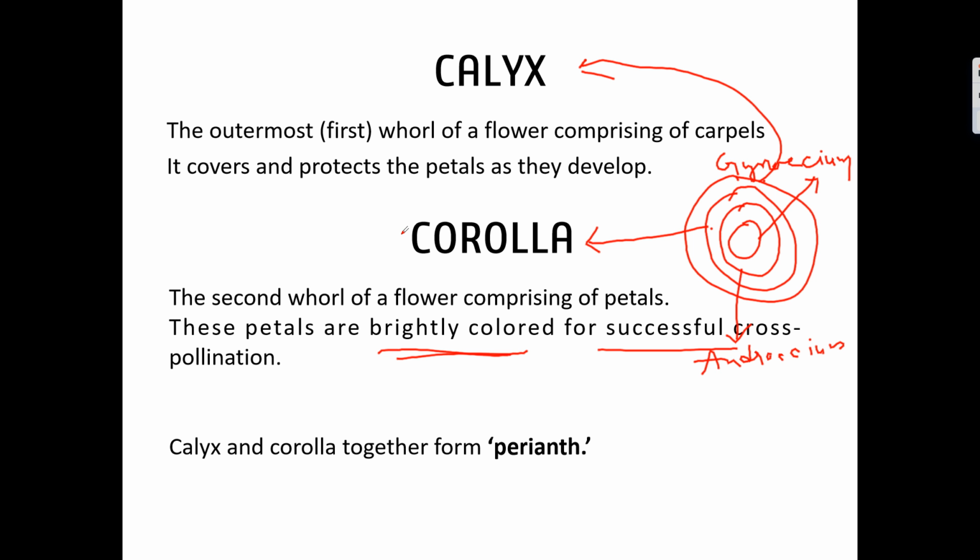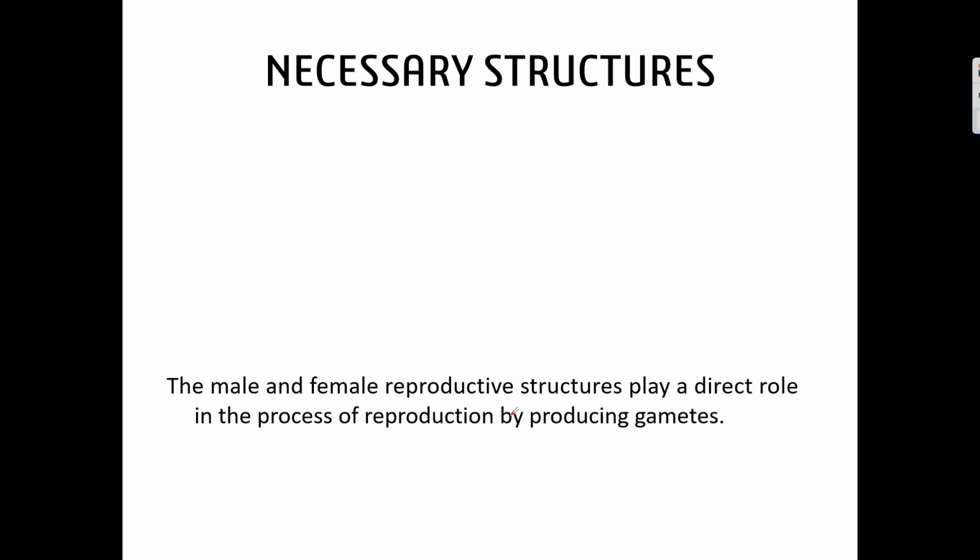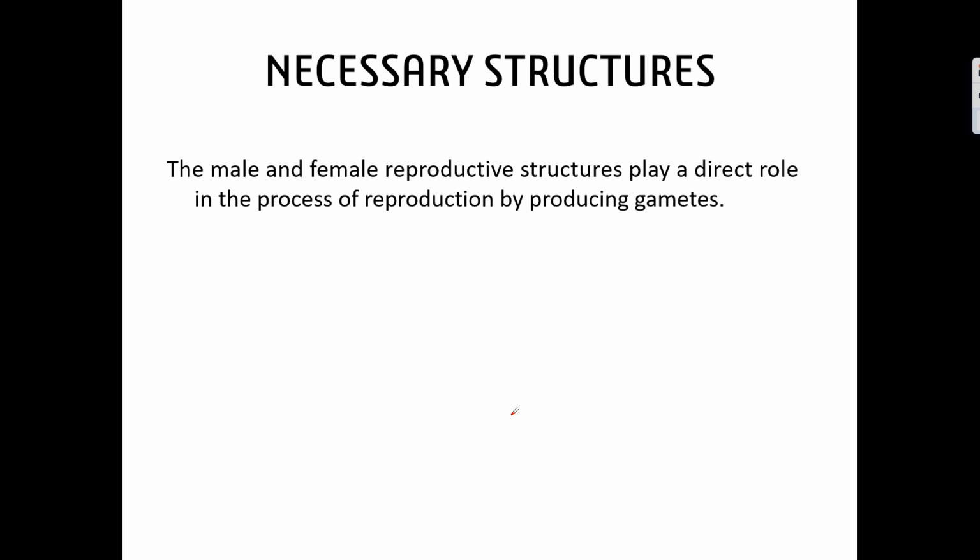When the calyx and corolla are together, it is called the perianth. So what are necessary structures? The male and female reproductive structures which play a direct role in reproduction are called necessary structures. First the Androecium, the second the Gynoecium.